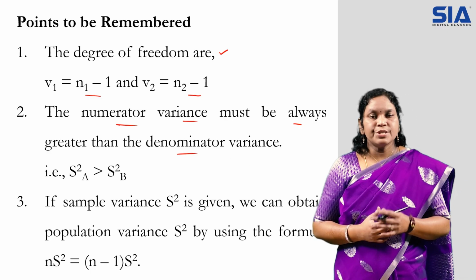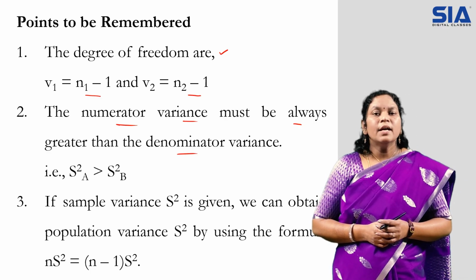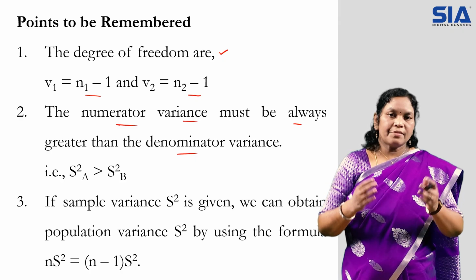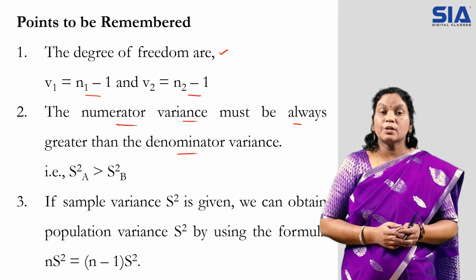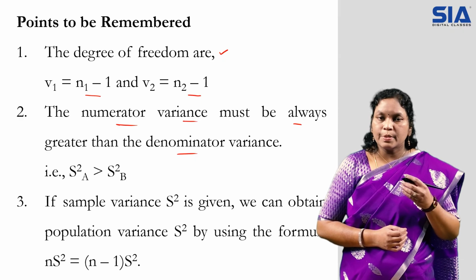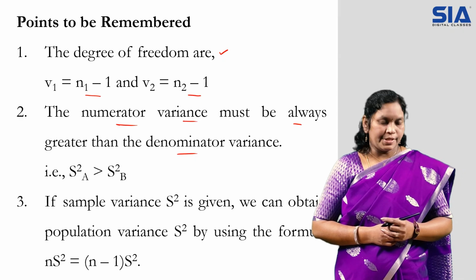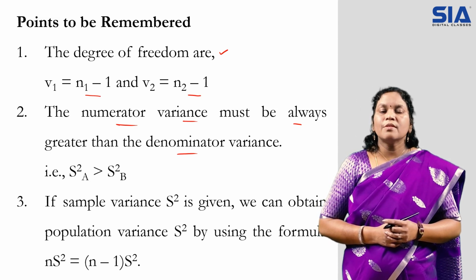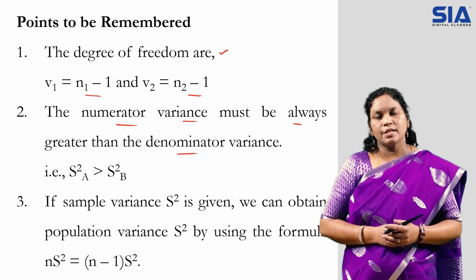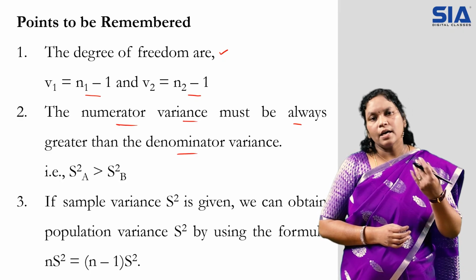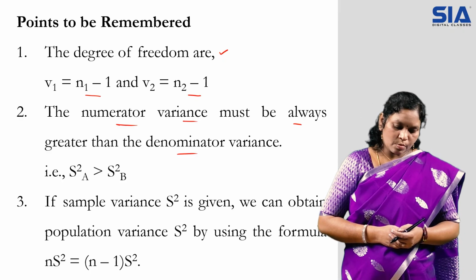This is a condition we have to check whenever we have computed the population variances using the formula. After getting both variances, we compare them, and whichever is the highest value should be the numerator always. That is a condition for the F-test. Whichever variance is the bigger value should be on the numerator, and the denominator must be the smaller one.